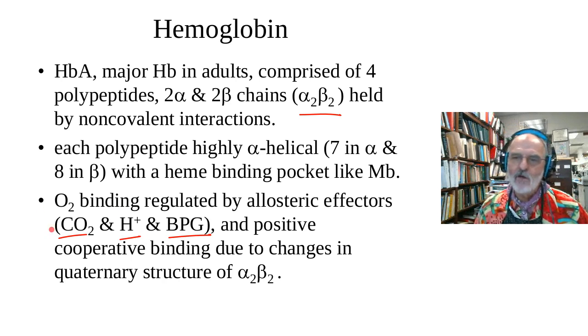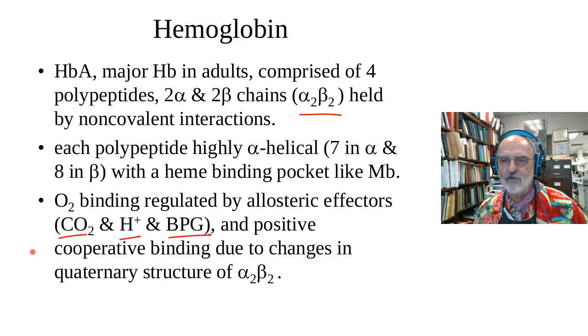Now, we've already talked about this in the clinical stuff, and we talked about the transporting of CO2 and protons, and now we're going to be talking more explicitly about BPG. These are negative allosteric effectors because they negatively affect oxygen binding. They convert hemoglobin to deoxyhemoglobin. So positive allosteric effectors affect their own binding.